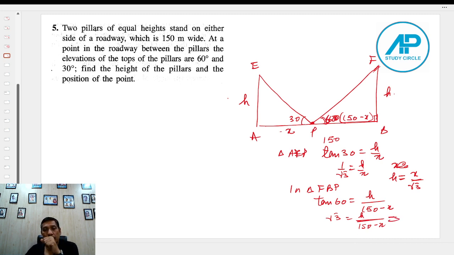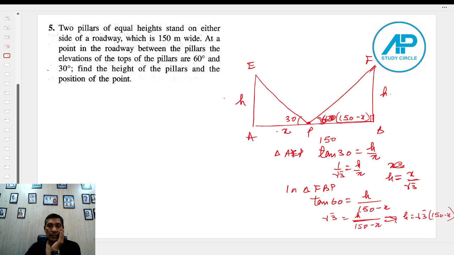And h is root 3 into (150 minus x). So I got the first value of h and the second value of h.